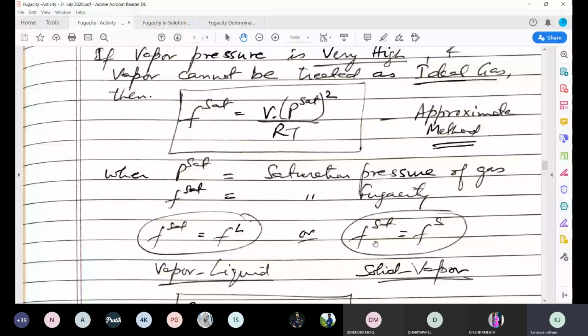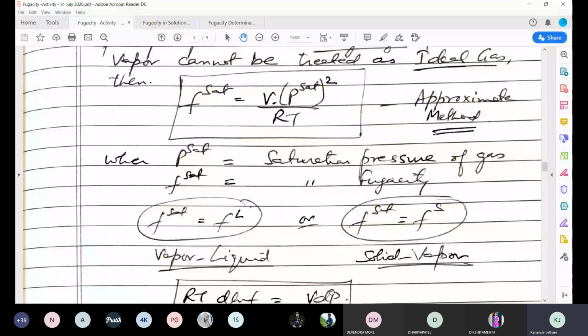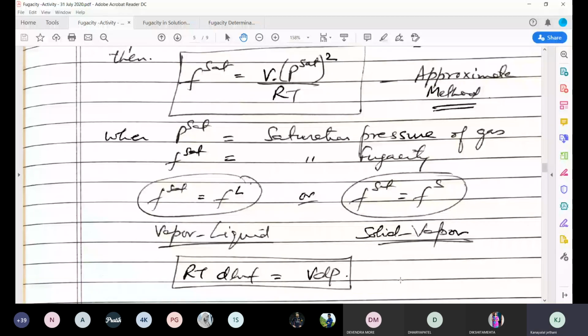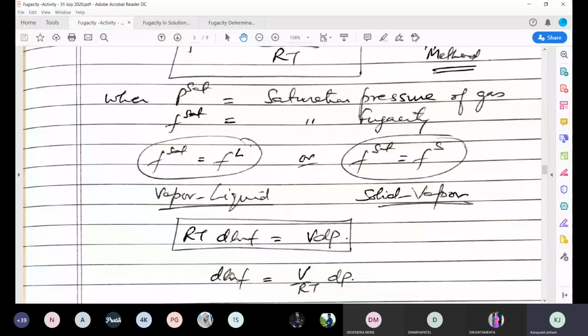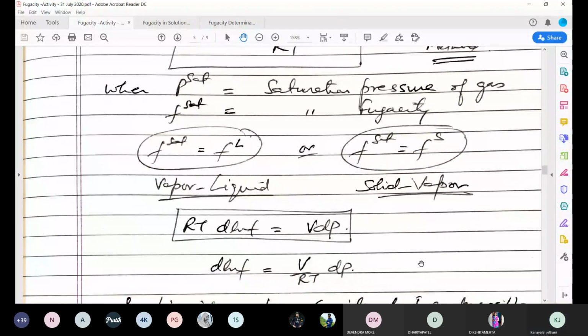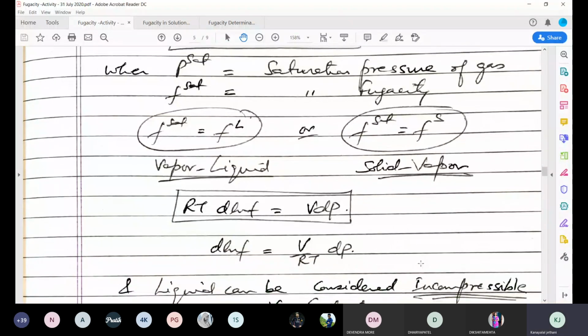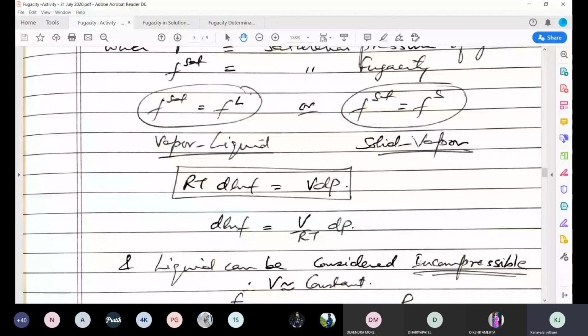And we also know that RT dlnf is equal to VdP, ये हमने derive किया था पहले, ठीक है. So what we get is dlnf is equal to V by RT dP, and we know that liquid can be considered as incompressible, pressure का effect नहीं होता liquid पर, so V can be taken as constant for liquid.